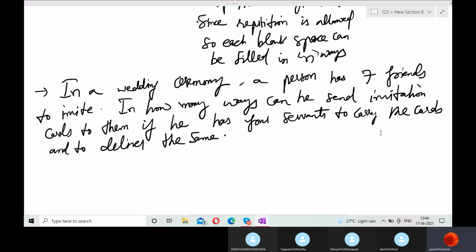So in a wedding ceremony, a person has how many friends? You know n is always greater than r, correct? 7 friends, correct? Yes, sir. So 7 friends are there, and in how many ways can he send invitation cards to them if he has 4 servants to carry and deliver the cards?